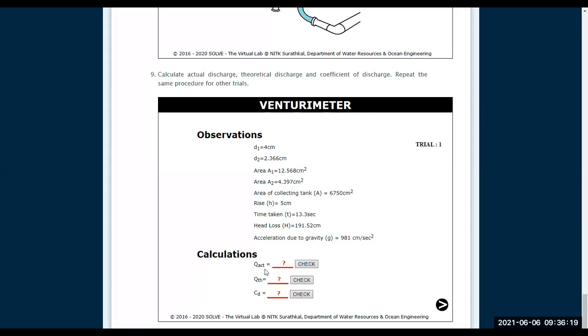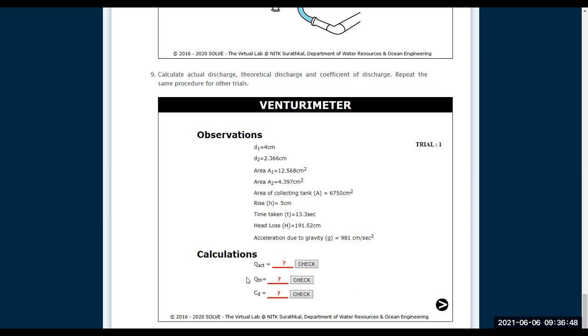The actual discharge is the area of the collecting tank into rise of water, small h, divided by time. The theoretical discharge is A1 A2 root 2 g H, where H is head loss, divided by square root of A1 square minus A2 square.